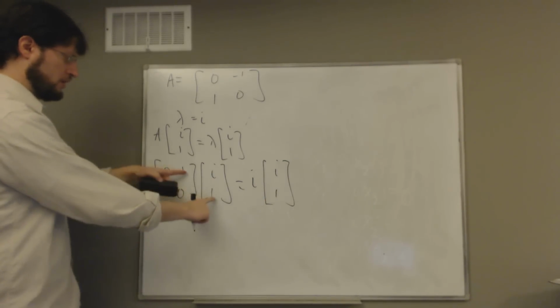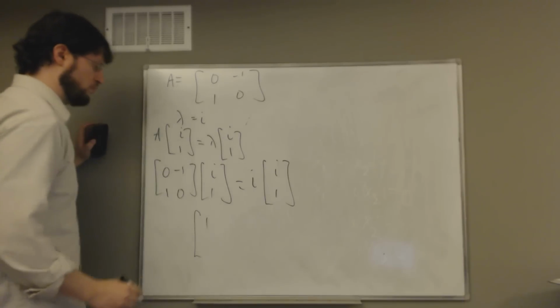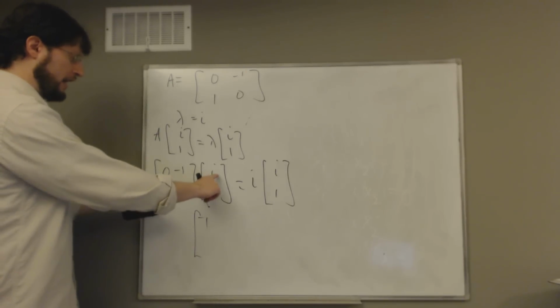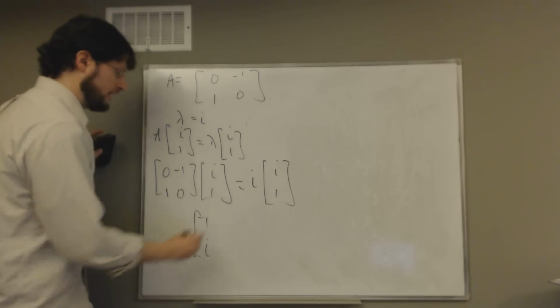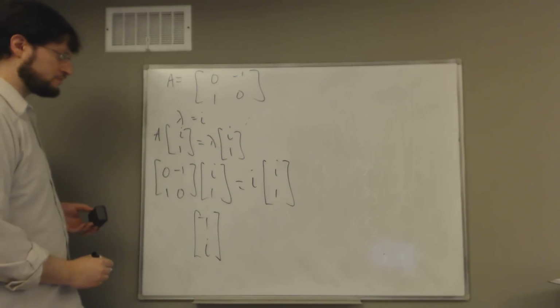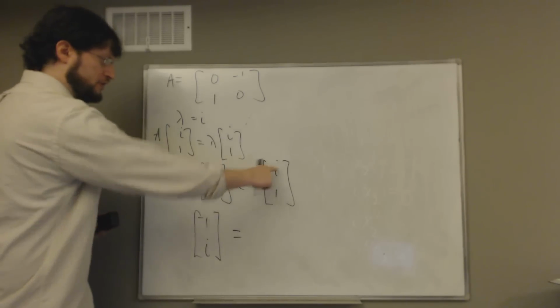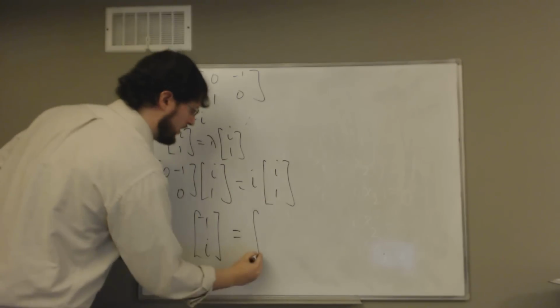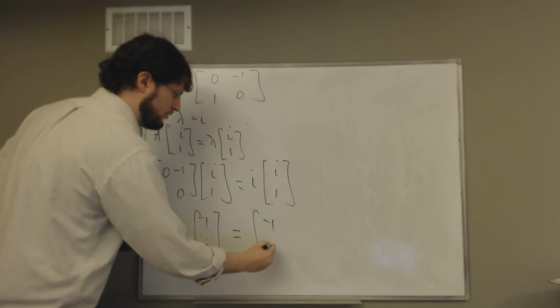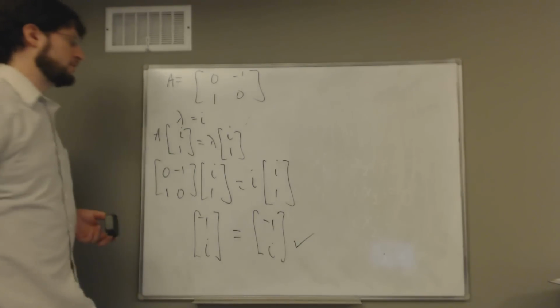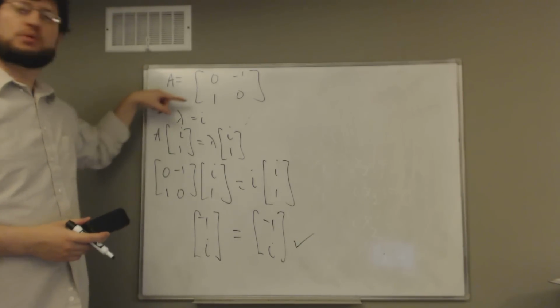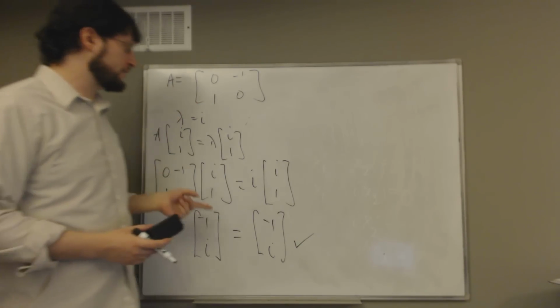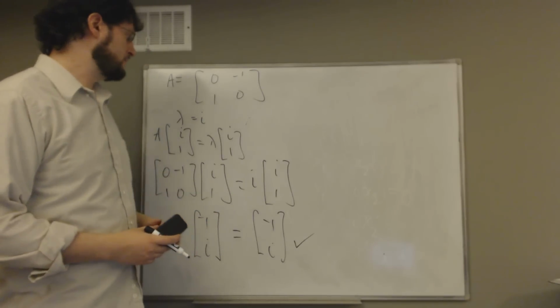Well, this is 0 and minus 1, so that's minus 1. This is I and 0, so that's I. When I push this through, I get I times I, which is minus 1, and I times 1, which is I. So in fact, it works. So for lambda equal I, the corresponding eigenvector is I1.